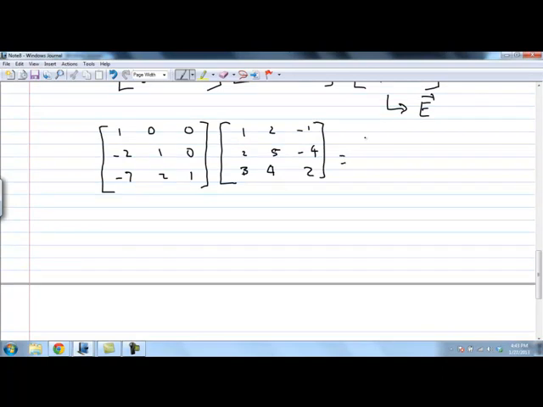My first row isn't going to change because I have an identity row in the left here. The next element will be minus 2 plus 2 plus 0, which gives me a 0.